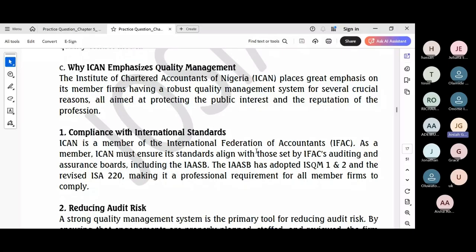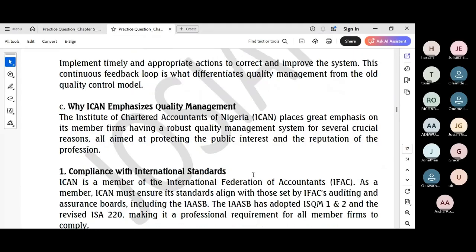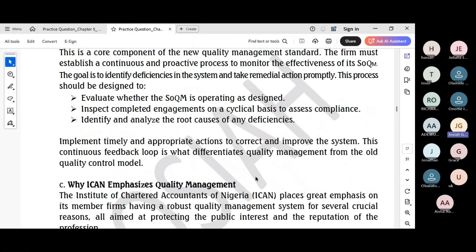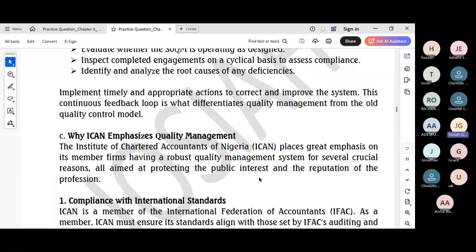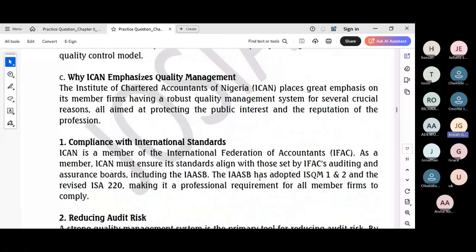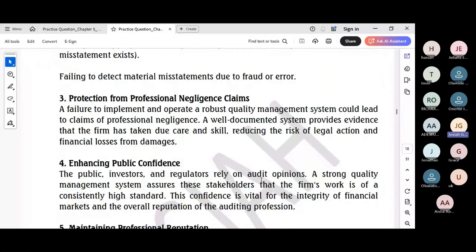Focus on taking over responsibility for quality, direction and supervision of the team, ensuring an EQR is performed, accepting and continuing the engagement. I think ICAN emphasizes quality management, which could be the start of your brief, and these are the reasons for that.